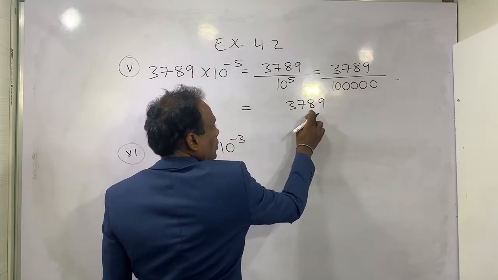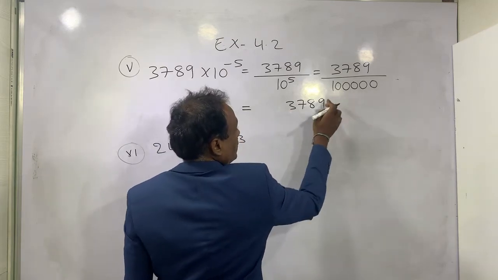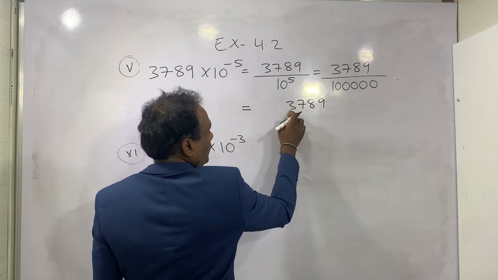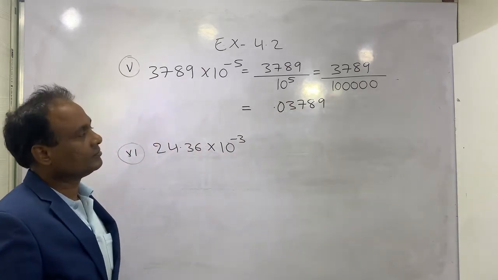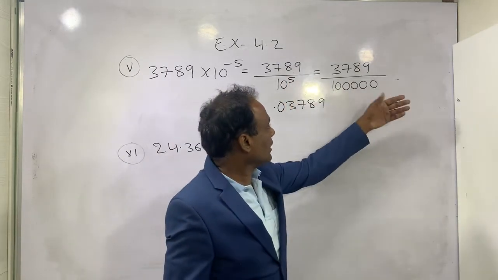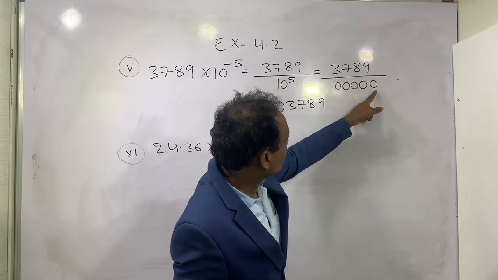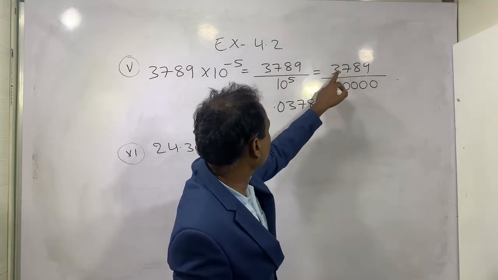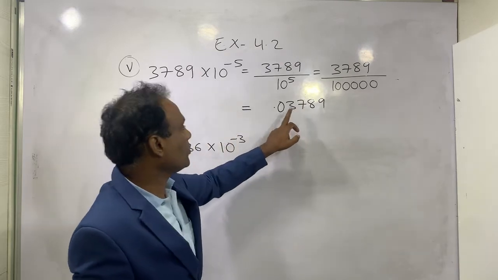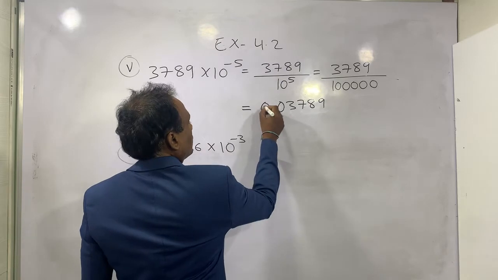We require 1 more digit because 5 zeros means 5 digits. 1, 2, 3, 4, 5, decimal. Before how many digits? 5 zeros means 5 digits. This is the first digit, second, third, fourth. Only 4 digits. So put 0 before that, and total it will become 5 digits. So this is 0.